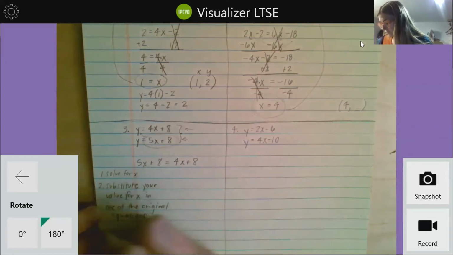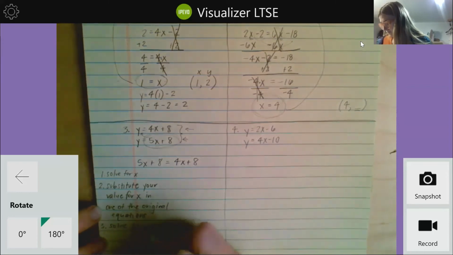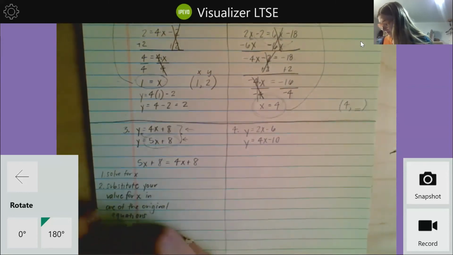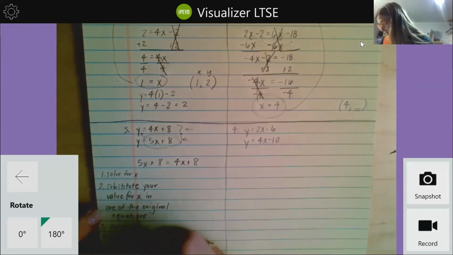And then you can solve for y. Write your answer as an ordered pair.